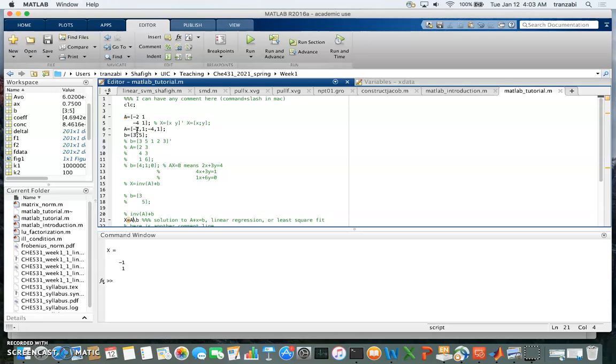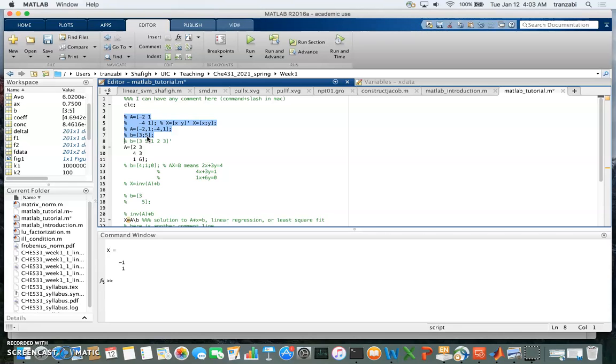So what's the benefit of using the backslash operator? Well, this is 2 by 2. I know that there's a solution to a 2 by 2 system, but what if I have 3 equations and 2 unknowns, like this? I'm going to comment this out. To comment out, the shortcut on Mac is Command / for commenting and Command T for uncommenting.